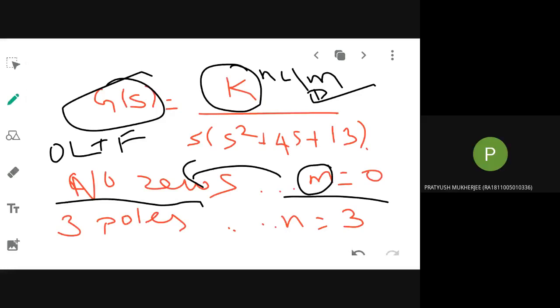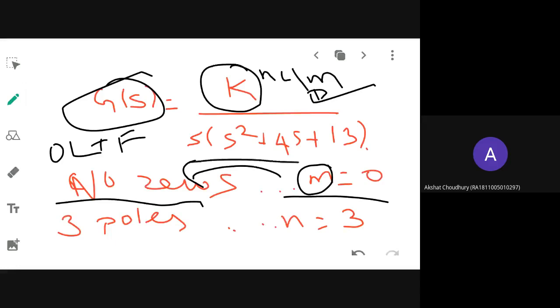Next you need to find the number of poles. What are the various denominator poles that you are having? The poles are the roots found in the denominator polynomial.